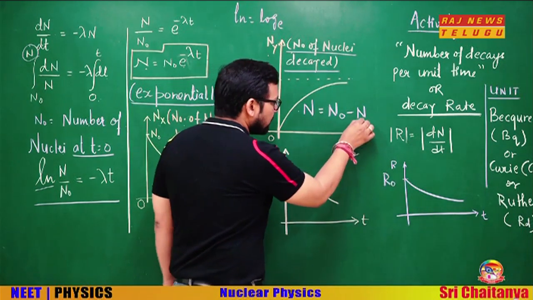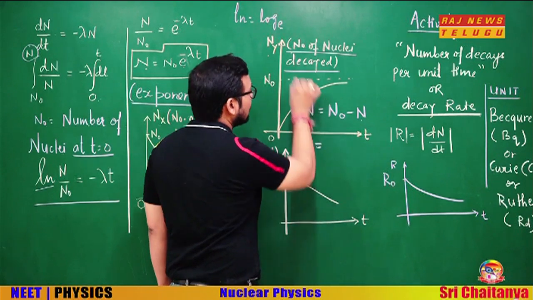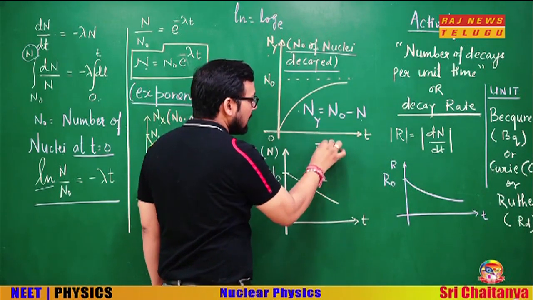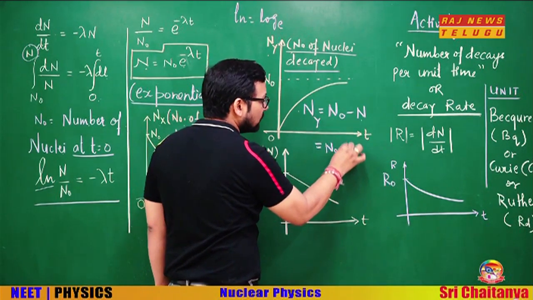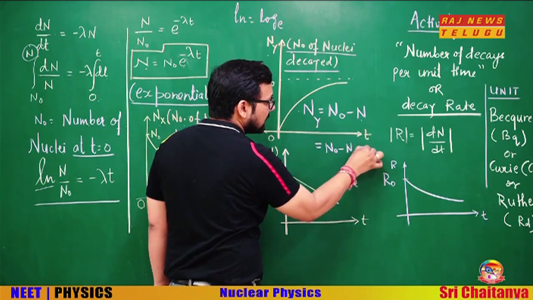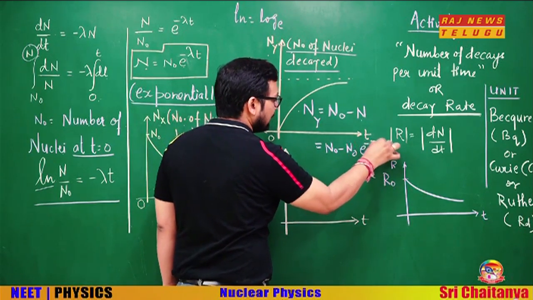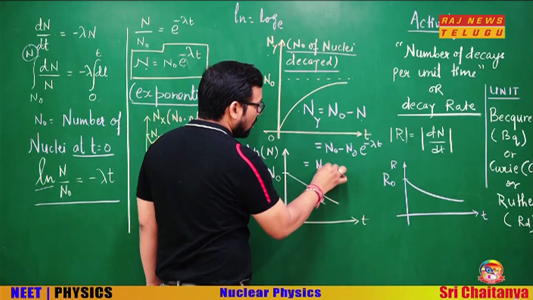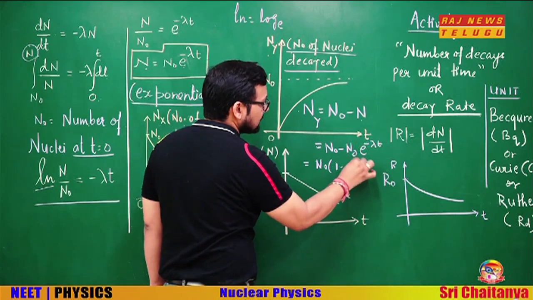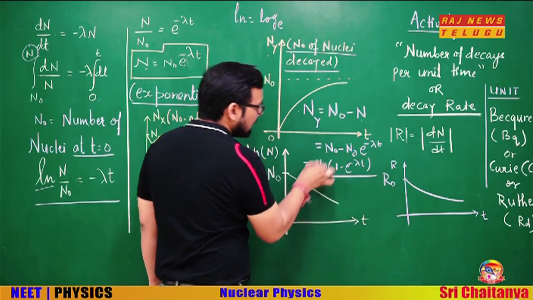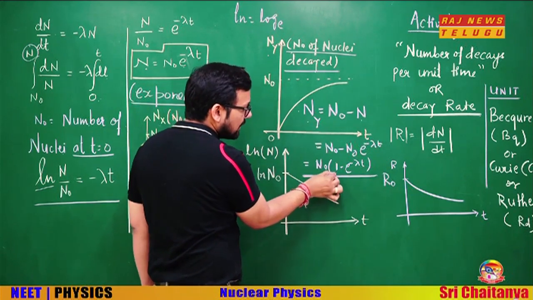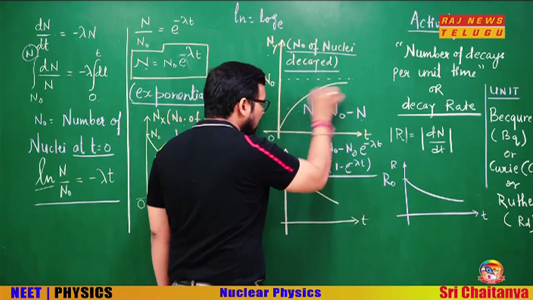So if you put its value, we are talking about Ny here, N0 minus N0 e raised to power minus lambda t. So this will be N0 times 1 minus e raised to power minus lambda t. This is Ny, and for this equation we draw the graph like this.